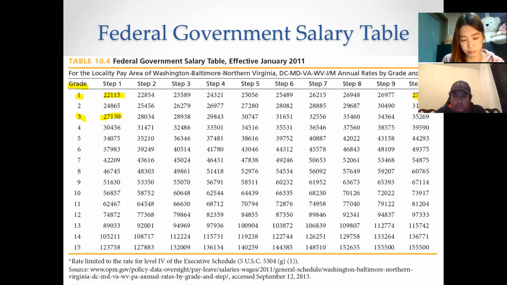Yes. So why is grade 3, step 1, more than grade 1, step 10? I mean, you see, it's such a big difference. Grade 2, step 1, step 2, step 3, step 4, step 5, they're all less than grade 1, step 10. How is that possible?